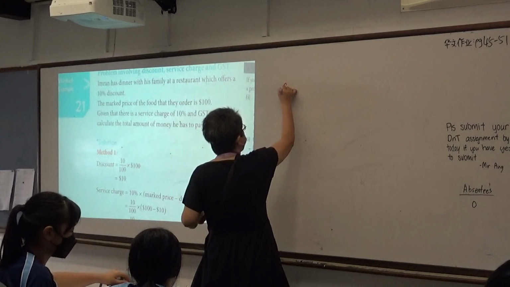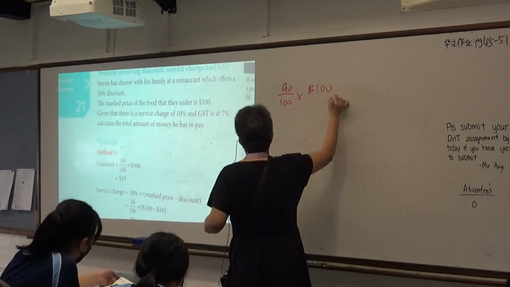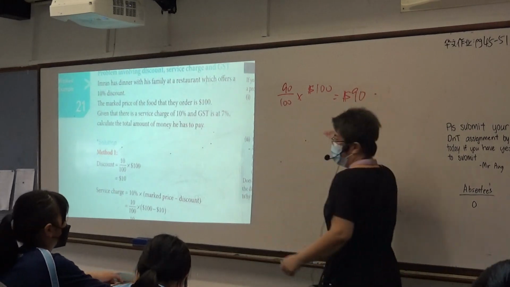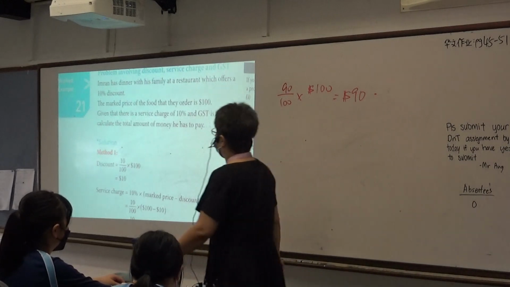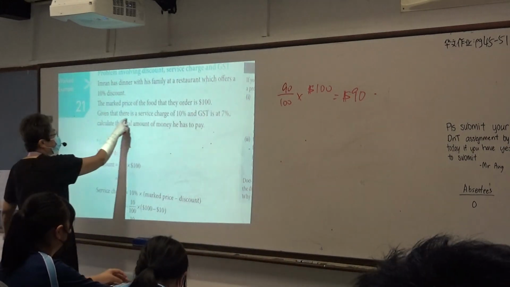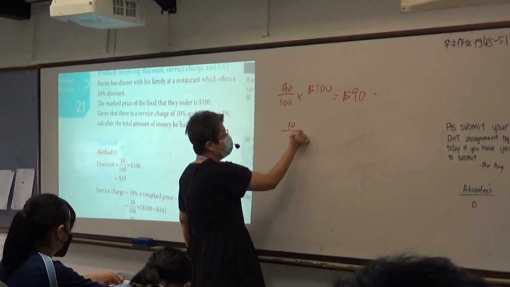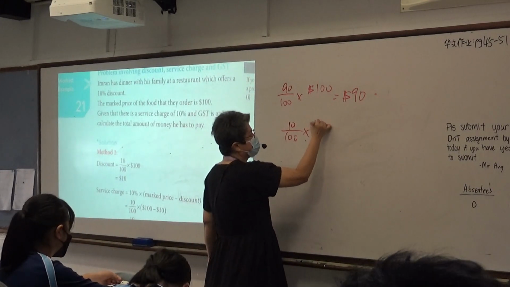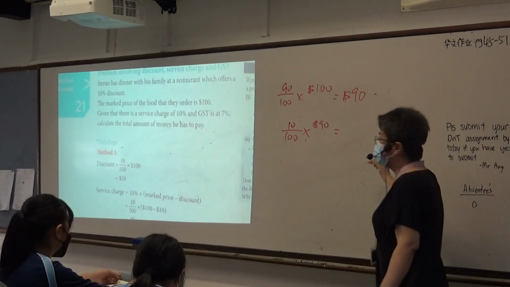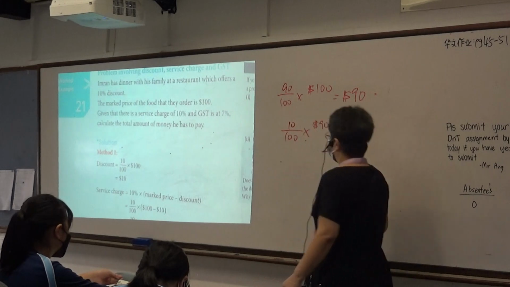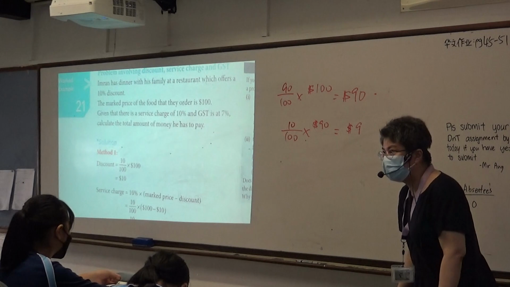Okay. 90% times 100. So this person only pay $90, right? Correct. Okay. Then what did they say? Given that there's a service charge of 10%, that means they must pay 10% of $90 now. Alright? This is how many dollars? $9, right? Agree? This is $9, right?